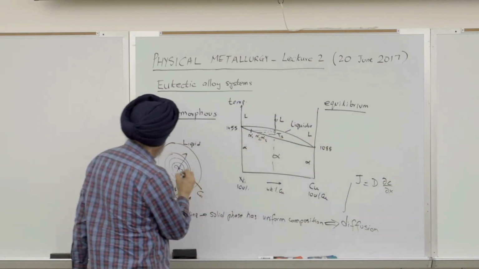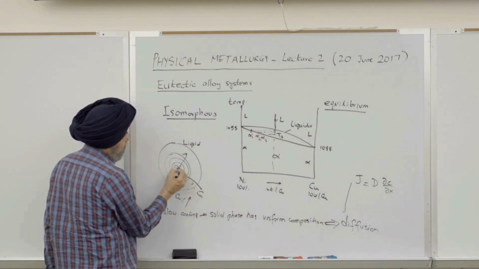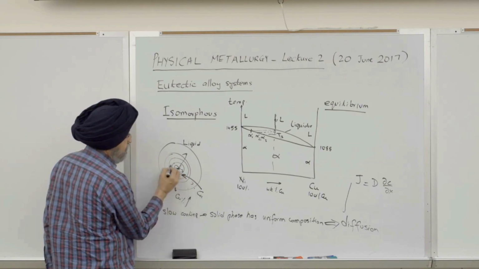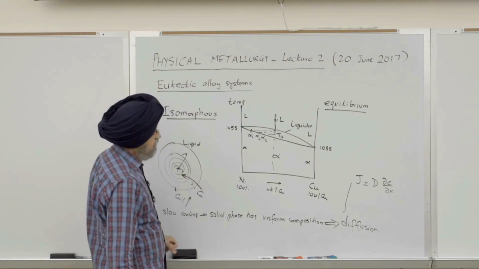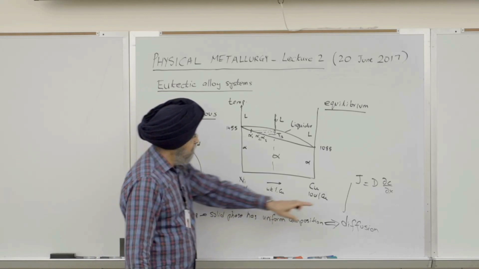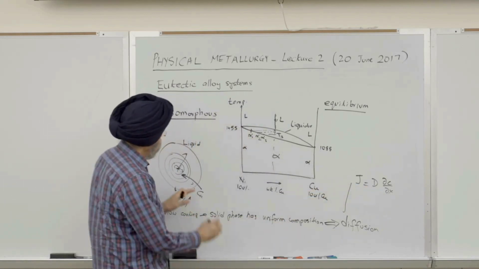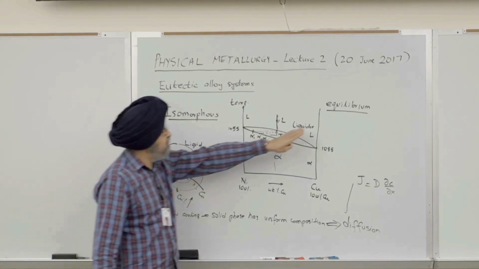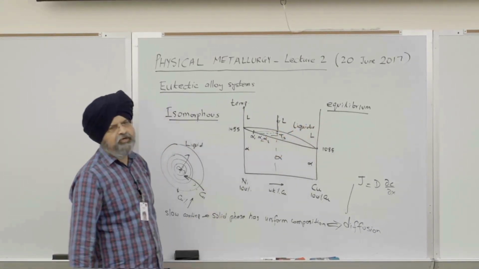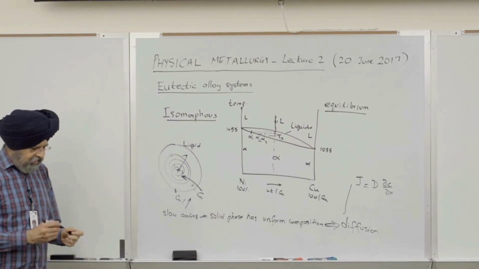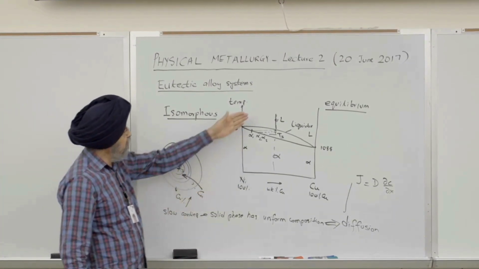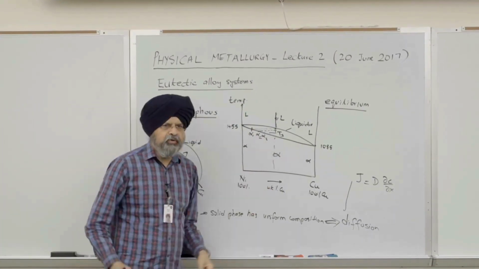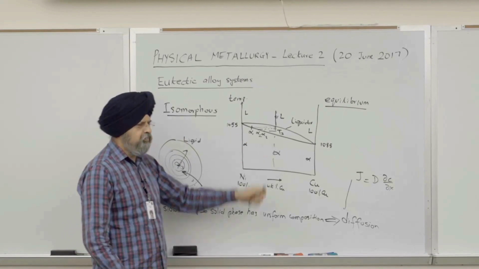From here to there, we have a concentration gradient. The copper concentration is changing, and so is the nickel. That is a driving force to make the composition uniform. That's a big assumption we're making. These are equilibrium diagrams. In reality, when you're cooling or heating, they're not quite under equilibrium conditions.